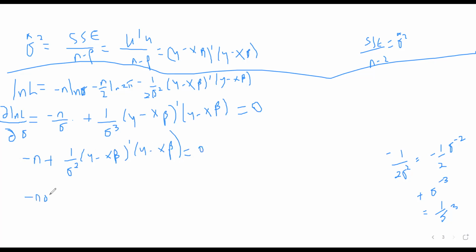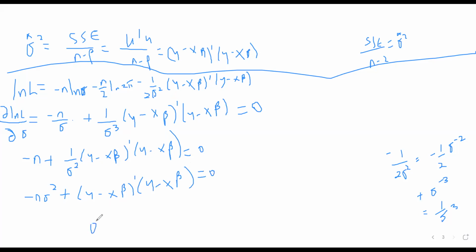We have n sigma squared plus (y minus x beta) transpose (y minus x beta) equals 0.